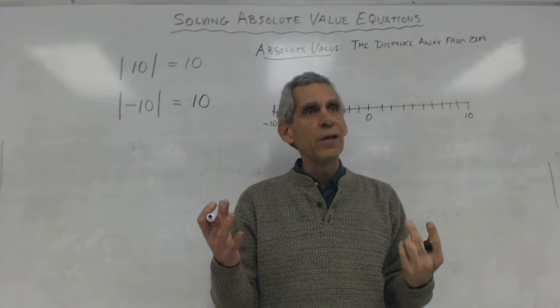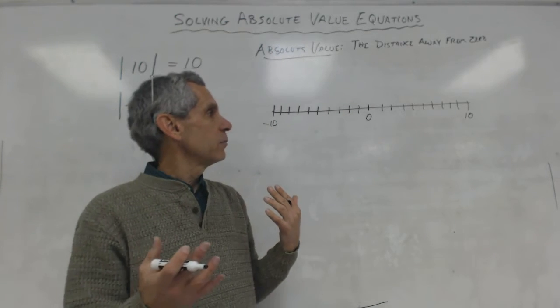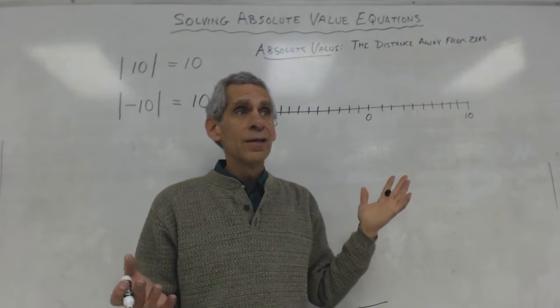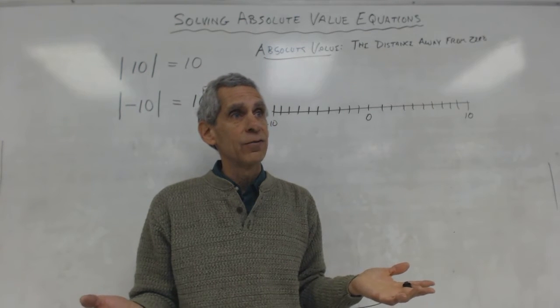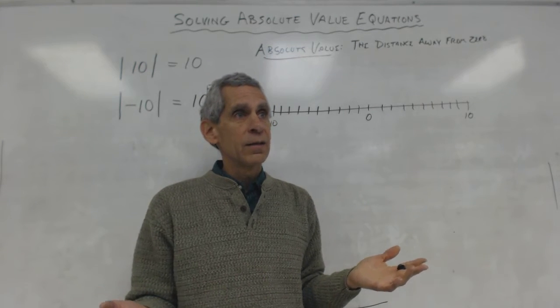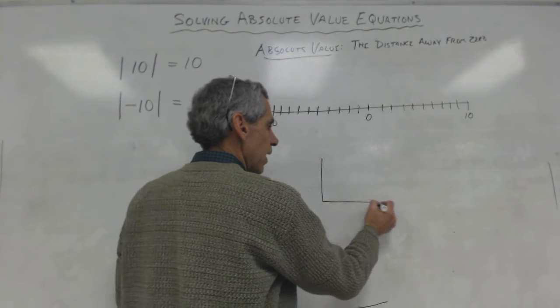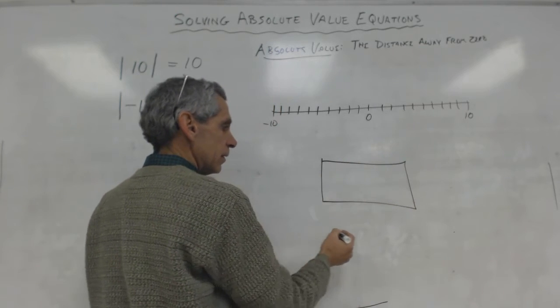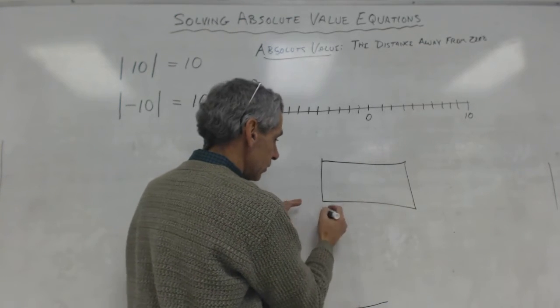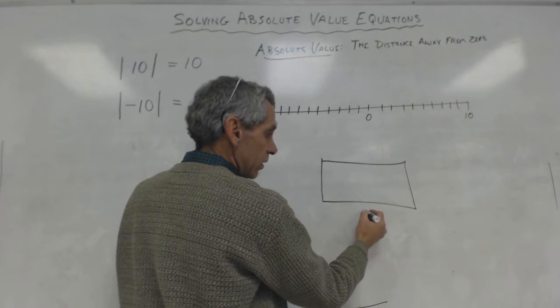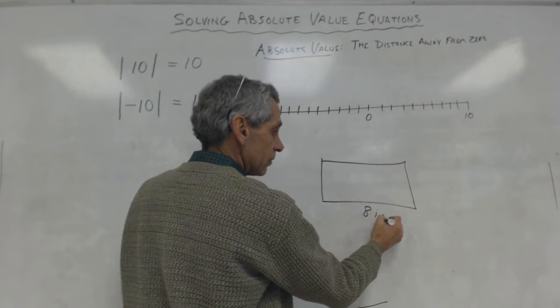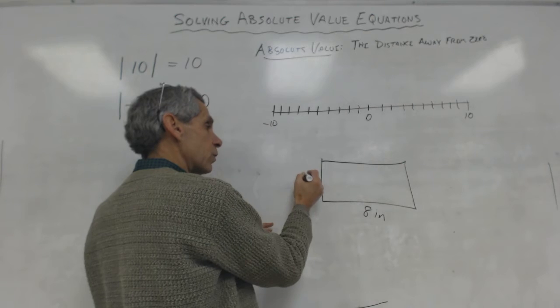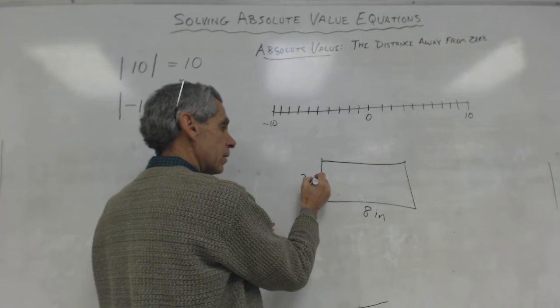It's a special way because sometimes with distance, for example, distance can never be negative, right? Like think about it. Here's a box, right, or a rectangle? And let's say the distance from here to here was 8 inches, and the different distance from here to here was 3 inches, right?